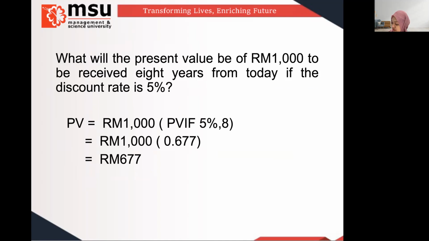This statement informs you that in 8 years later, at the end of the 8 years, you will have 1,000 ringgit. How much is it equivalent to today, with the discount rate of 5%?